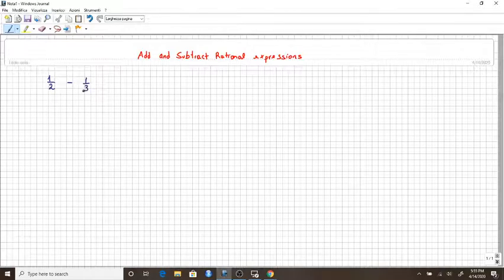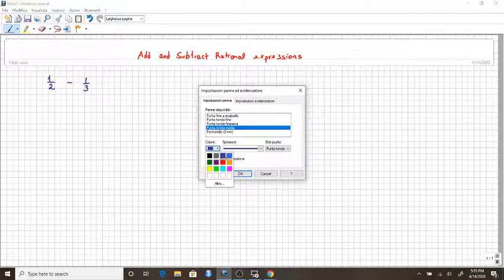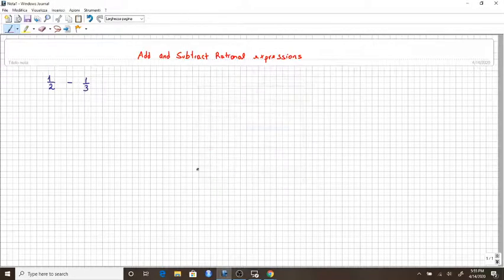Well, if the denominators are different, then we need to rewrite these two fractions in such a way that the denominators are going to be the same. So the common denominator is 6 in this case.